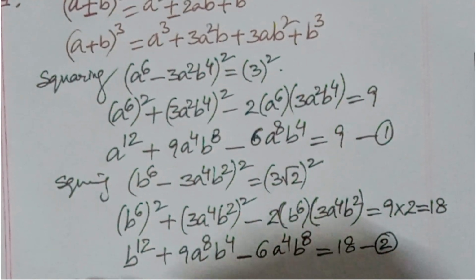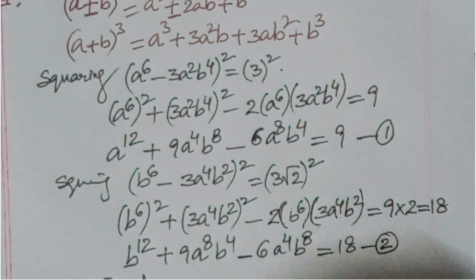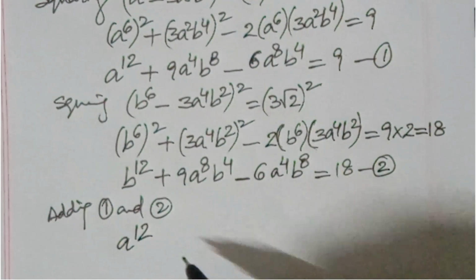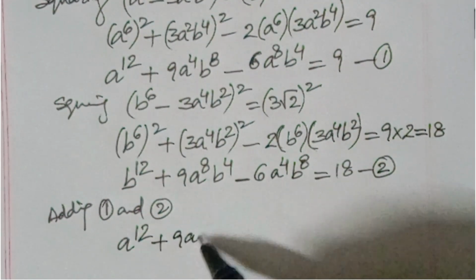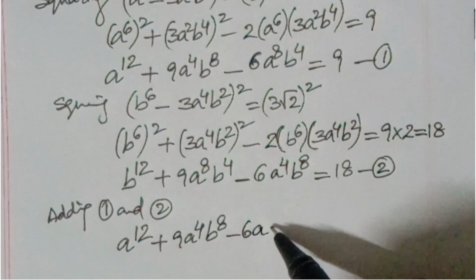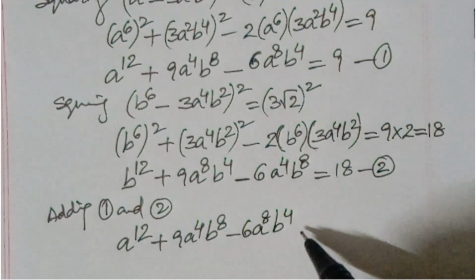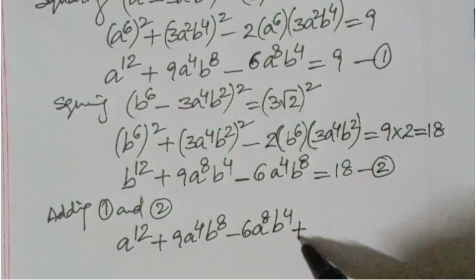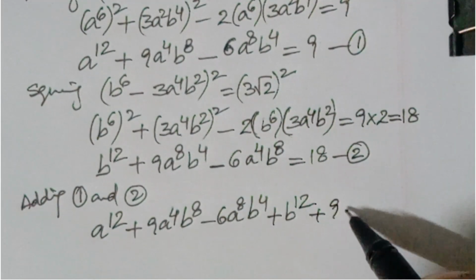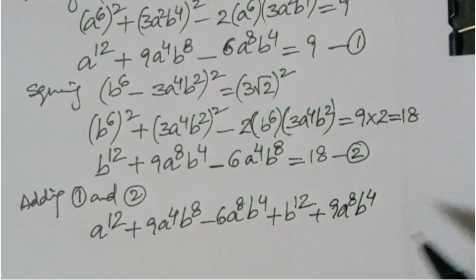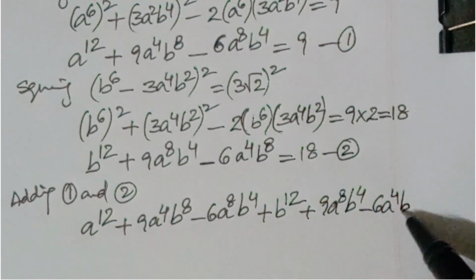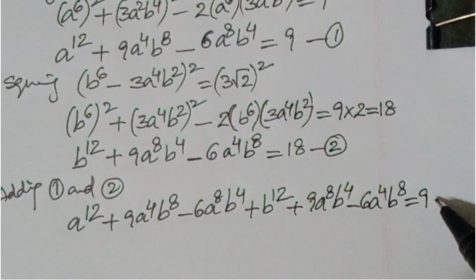Adding 1 and 2. So here a to the power of 12 plus 9 a to the power of 4 b power 8 minus 6 a to the power of 8 b power 4 plus b to the power of 12 plus 9 a to the power of 8 b to the power of 4 minus 6 a to the power of 4 b power 8 is equal to 9 plus 18.